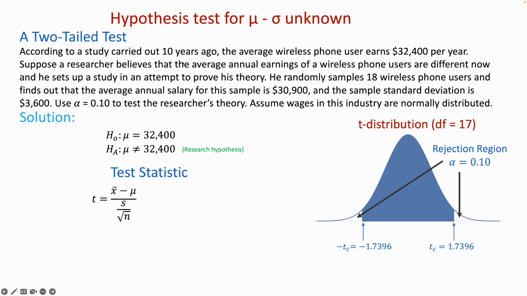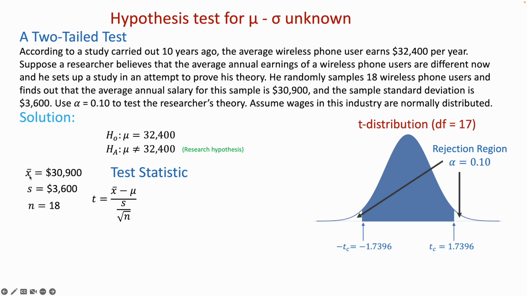In this case, no. They already told me that the sample mean, the sample average, is 30,900. They tell me that the average annual salary for this sample is 30,900. And they also tell me that the sample standard deviation is 3,600 and that n is 18. So we have all the values that we need.